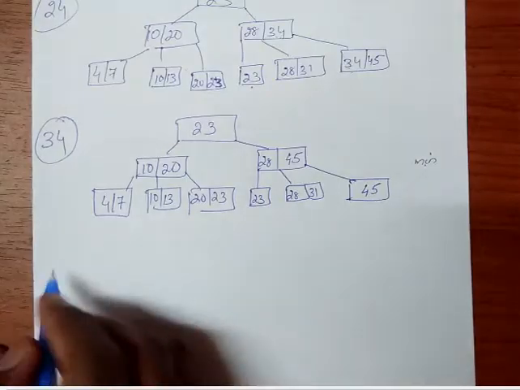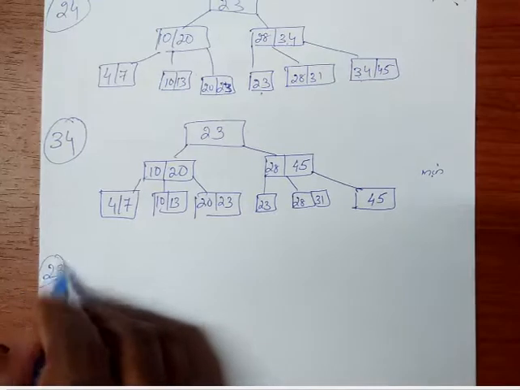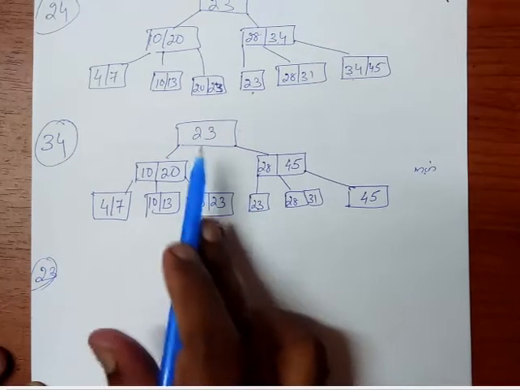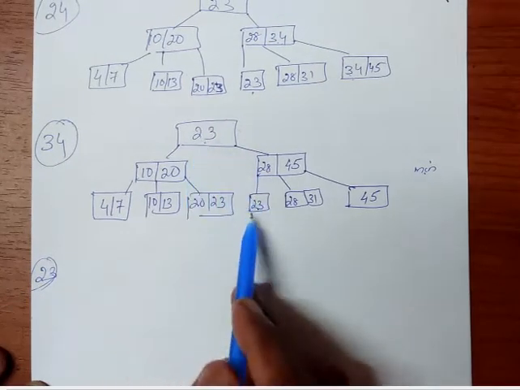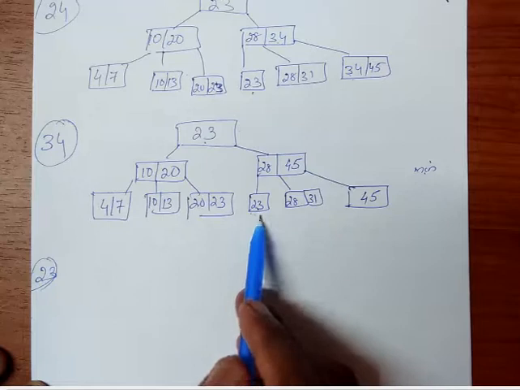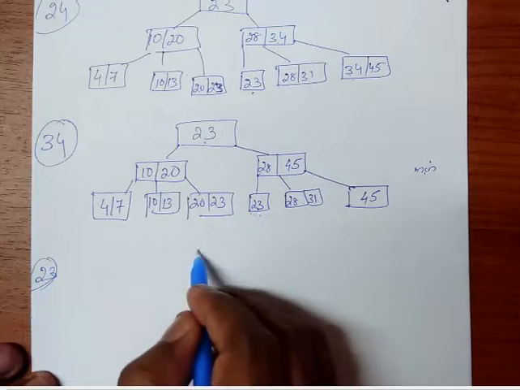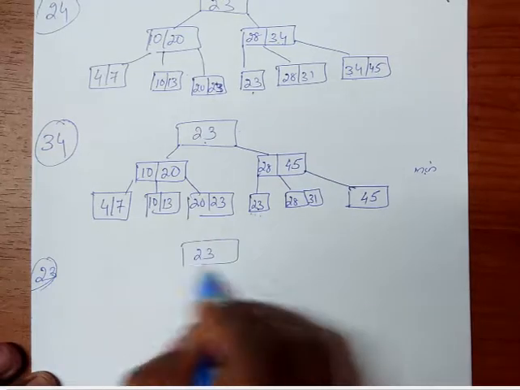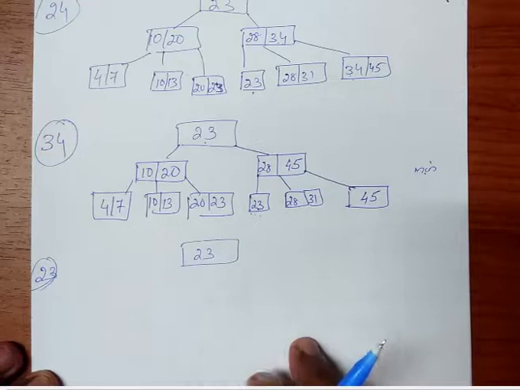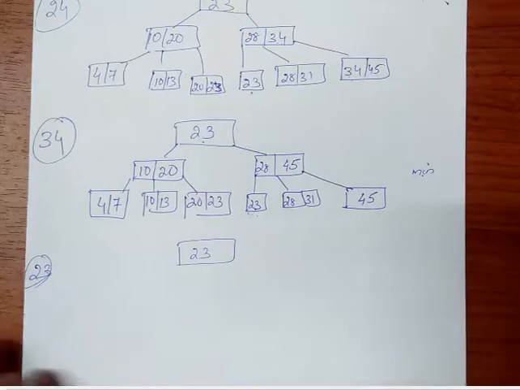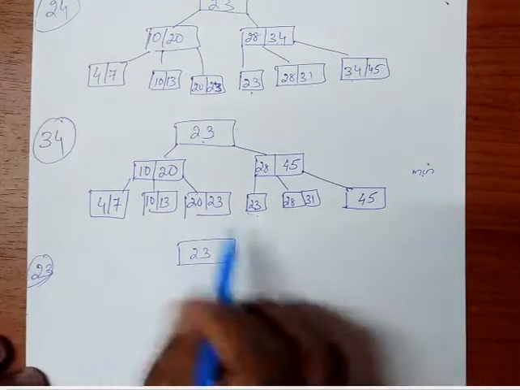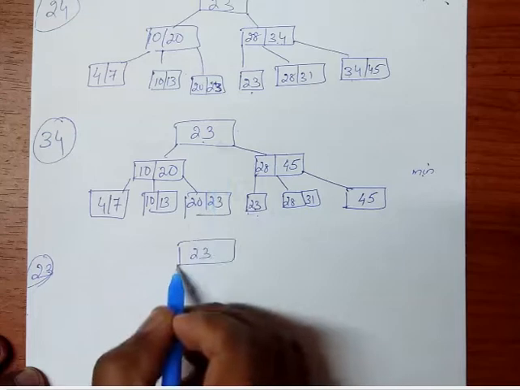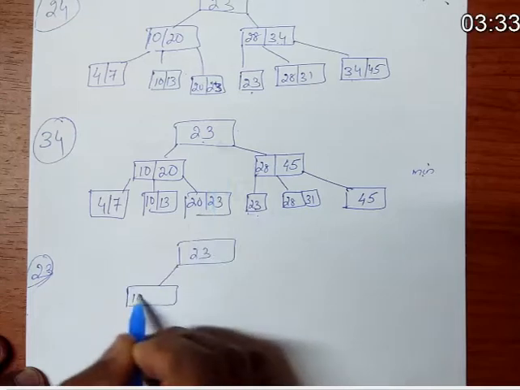Next we can remove the element 23. 23 is actually present in the root node as well as the data level. So we start by removing from the leaf nodes. Don't start from the root node. First we have to remove the data element.